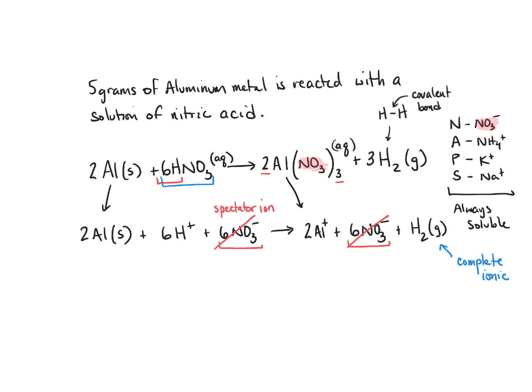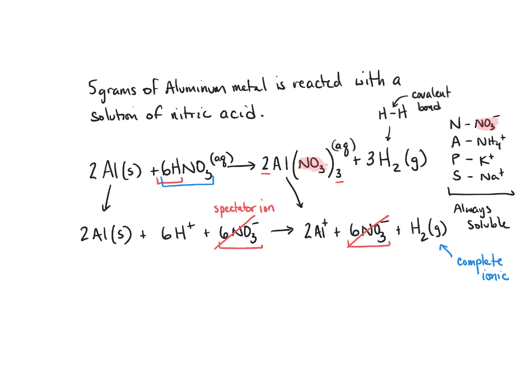Now if you notice, this Al and this Al are completely different. This is aluminum in a solid form, just like you would see with aluminum foil. This is aluminum in its ion form, so it's dissolved. You wouldn't even see it. It would be in the water, totally gone. This hydrogen is the hydrogen that floats around to make pH. This hydrogen floated away in the gas state, so they are nothing the same. So the aluminums and the hydrogens have changed completely.